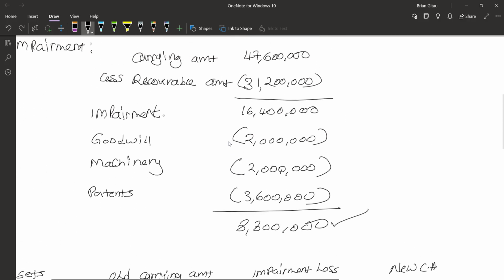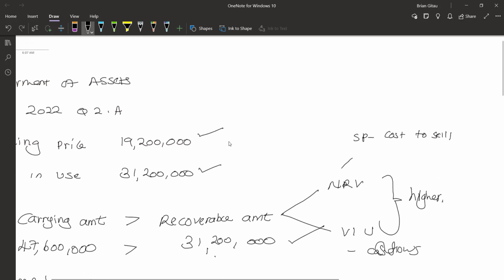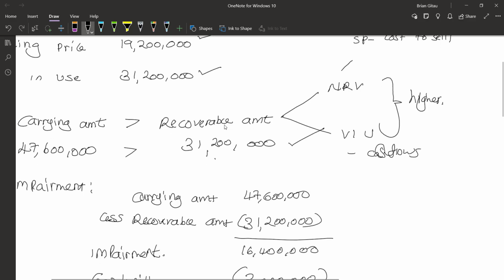And we got the same 16.4 million up here. So that is what was expected in that question. Let's do another example and see you in the next lesson.